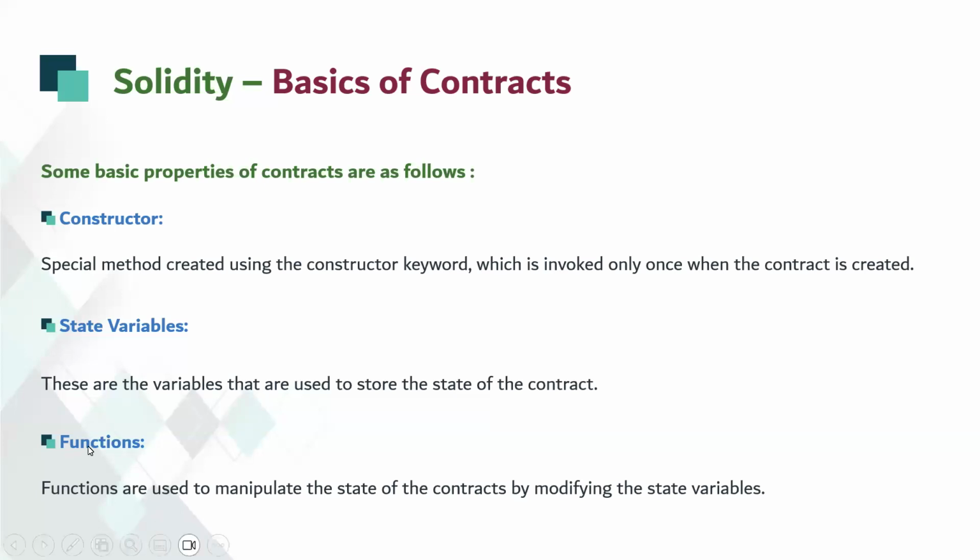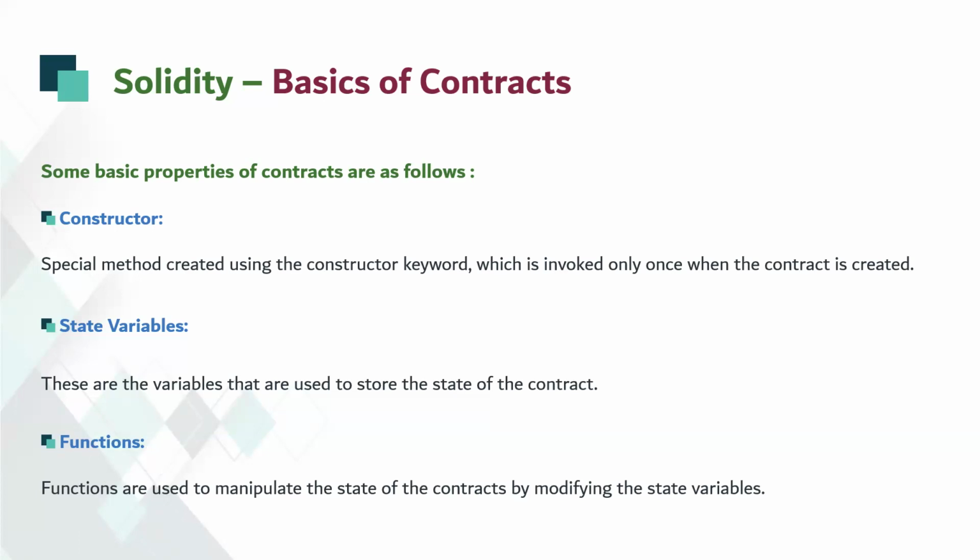The third one here, we have functions. Actually, functions in Solidity are used to define the behavior or the operations of the contract. They allow you to perform actions, manipulate data, and interact with the contract's state variables.